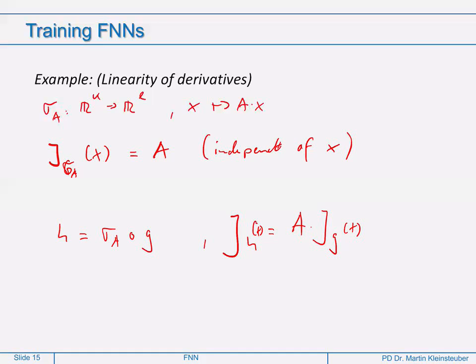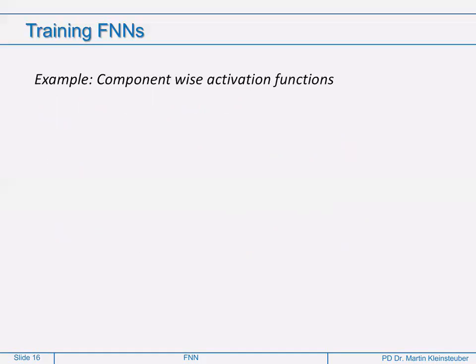Next thing, let's look at our component-wise activation functions. We had this, which I also called sigma, from Rh to Rh, where x is mapped to sigma of x1 up to sigma of xh.